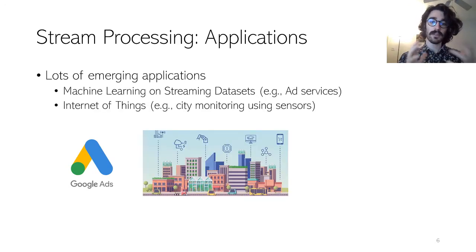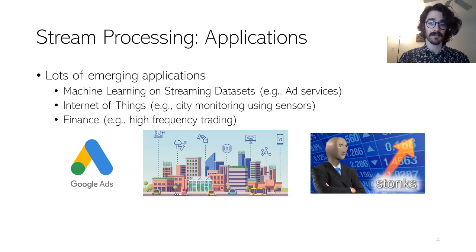Second, we have the domain of Internet of Things, where we have sensors which are used to monitor and manage several things like smart cities or smart houses or warehouses and so on. The data coming from these sensors is streaming, arriving as it happens.